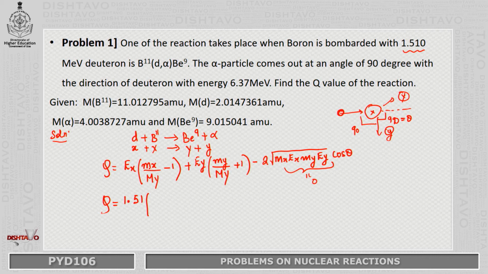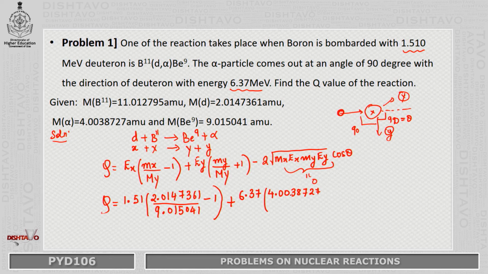Mass of this incident particle is given here, that is 2.0147361, divided by the mass of the product nuclei, 9.015041, minus 1, plus Ey, the energy of the product particle, that is the energy of the alpha particle, which is 6.37 mega electron volts, and here this is the mass of the product particle, the mass of the alpha particle, which is equal to 4.0038727, divided by the mass of the product nuclei, 9.015041, plus 1, and this last term is going to 0.